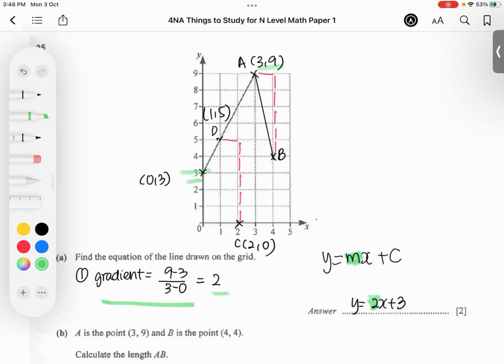Observe, y-intercept is the number that cuts the y-axis. This number is already directly 3. So I write in the number 3, save time. If you don't want to do this, you're not comfortable, then you can let y equals 2x plus c. You can sub in a point, maybe 3, 9, or whichever number that you want. Then you solve for your equation.